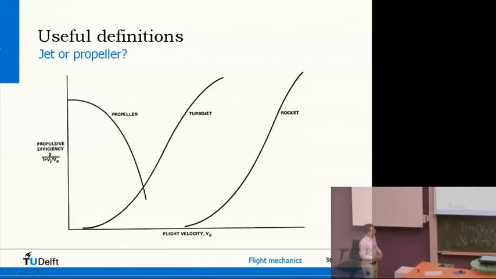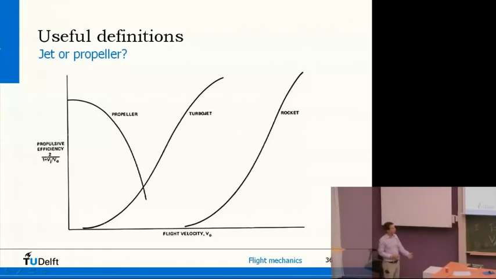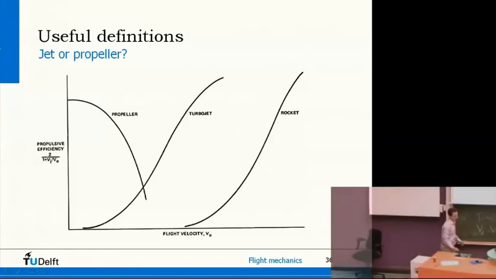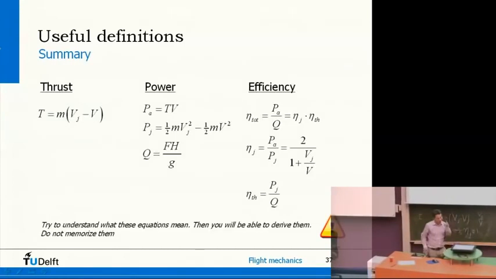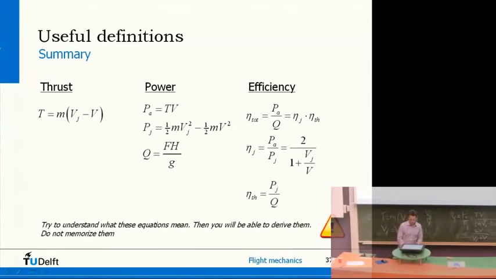At high speeds you might want to use a jet. And at even higher speeds you might want to start using things like a rocket or a ramjet or other exotic propulsion types. This is just a summary of the equations you've just seen. Don't really try to memorize them. I don't think I'll ask them on the exam either, but we'll need this to understand a little bit more about the propulsion systems.